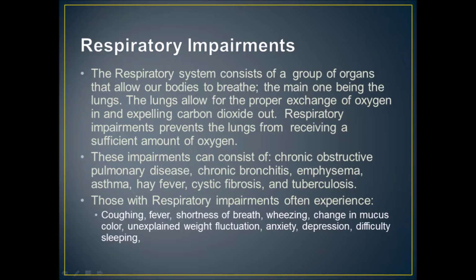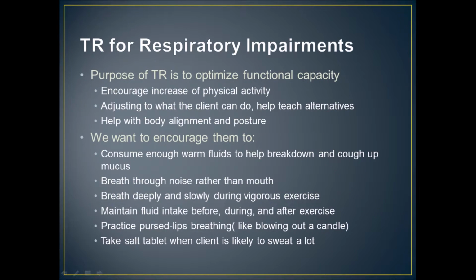These impairments consist of chronic obstructive pulmonary disease, chronic bronchitis, asthma, hay fever, cystic fibrosis, and tuberculosis. A lot of the symptoms that come with these impairments are coughing, fever, shortness of breath, wheezing, change in the mucus color, unexplained weight fluctuation, anxiety, depression, and sleepiness.